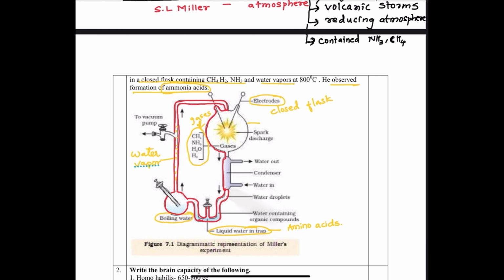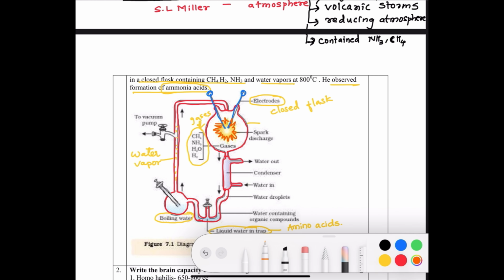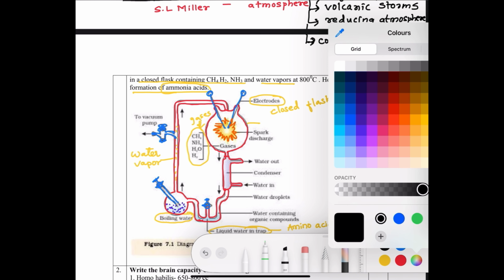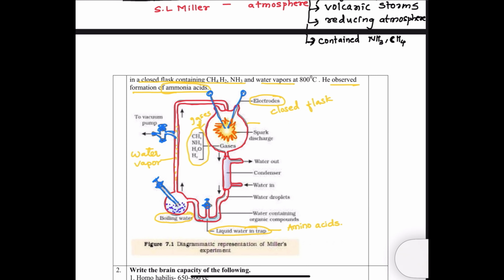Then we have a flask which contains gases, and also we have a spark discharge. Water is boiled at 800 degrees Celsius.